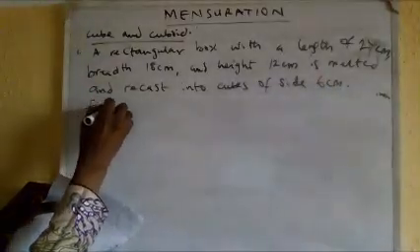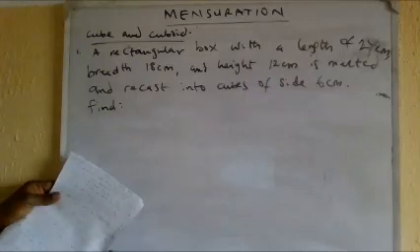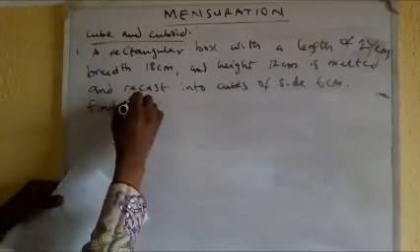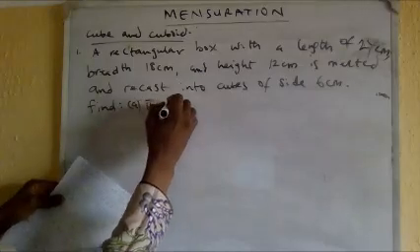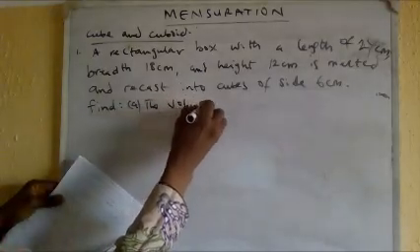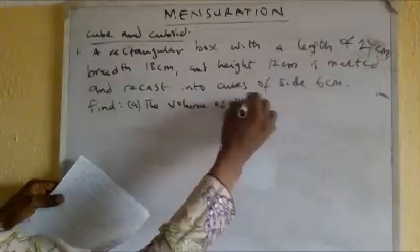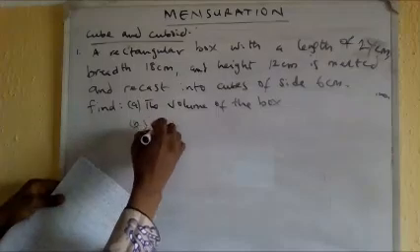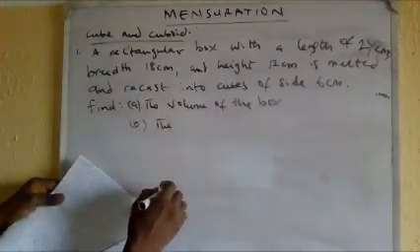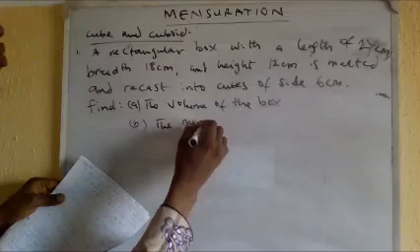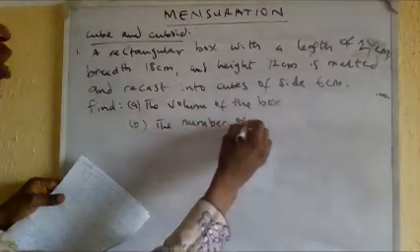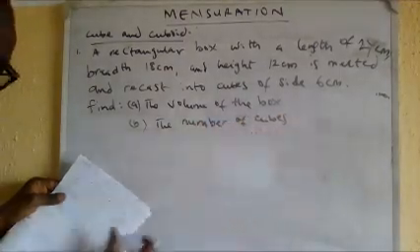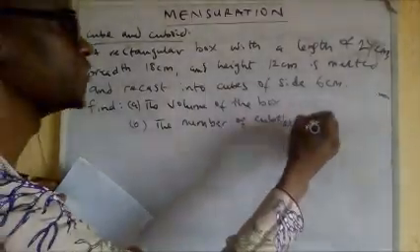Find A, the volume of the box, B, the number of cubes that can be formed.